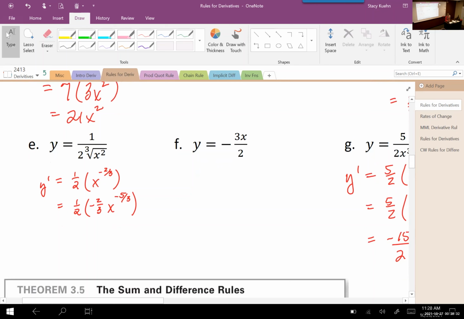So these 2's are going to cancel, and I'm going to have -1 over 3x to the 5/3, or 3 times the cube root of x to the 5th. Okay?